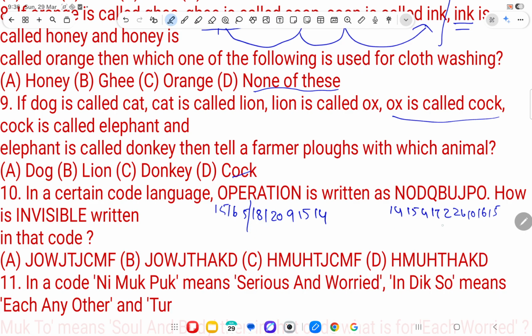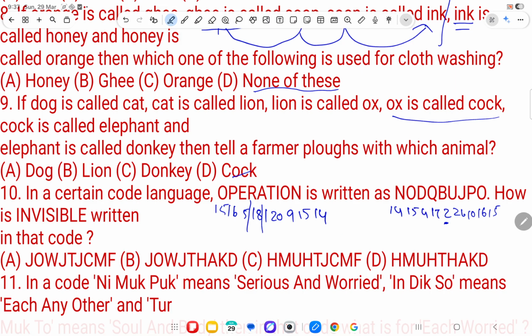Next 18, minus 1, A. So A here is given as plus 1. Then 20. Okay, first 4 letters are minus 1 and then plus 1, plus 1, plus 1, plus 1, and again the last letter.